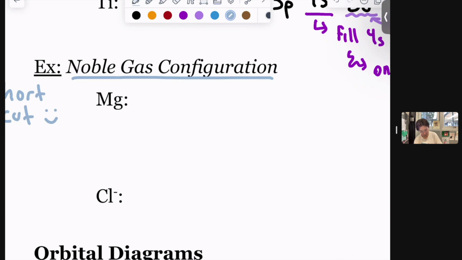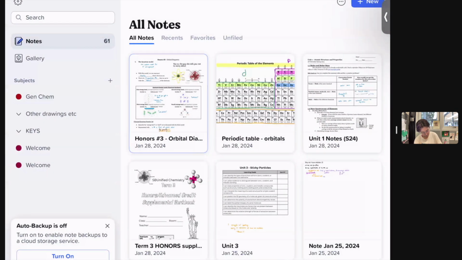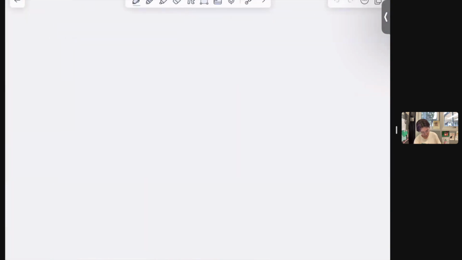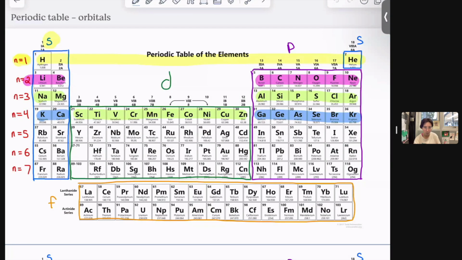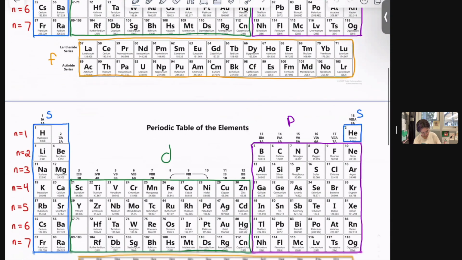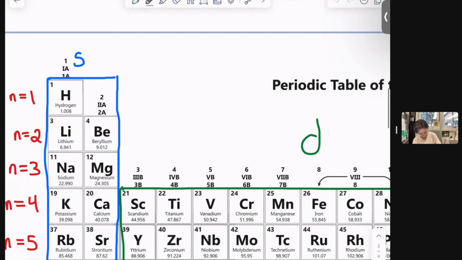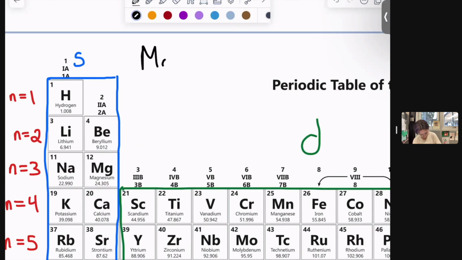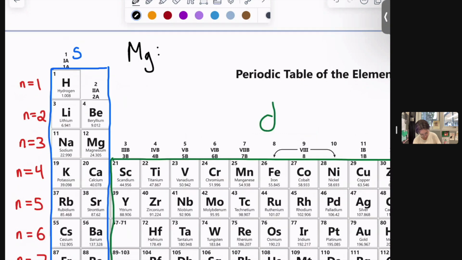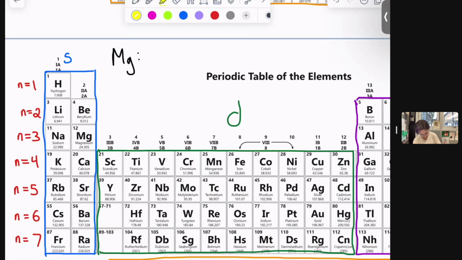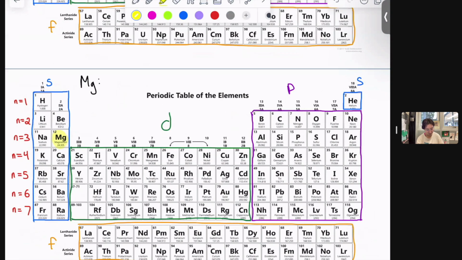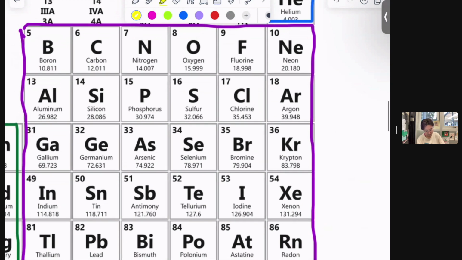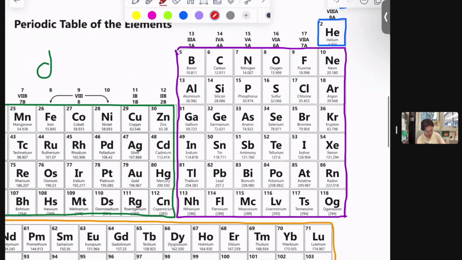So let's do magnesium first. Okay. So if our goal is to make it for magnesium, just like we did before, let's orient ourselves. Let's find magnesium. It's right here. Okay, but the noble gas configuration. So reminder, these are your noble gases.